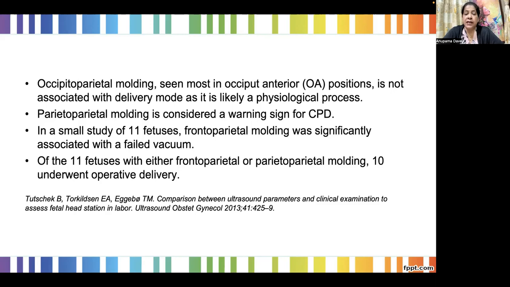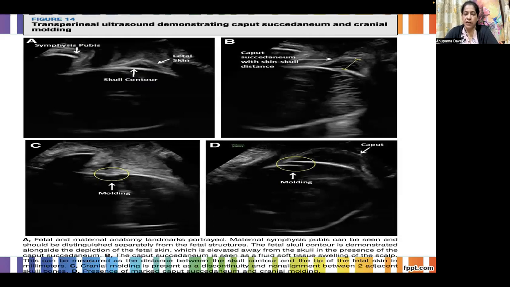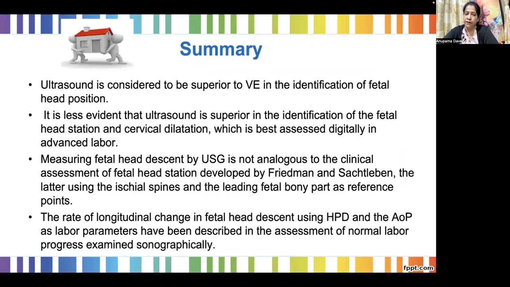Parieto-parietal molding is considered a warning sign for cephalopelvic disproportion. In a small study of 11 fetuses, frontoparietal molding was significantly associated with failed vacuum. Of the 11 fetuses with either frontoparietal or parieto-parietal molding, 10 underwent an operative delivery. So this is how molding can be identified.